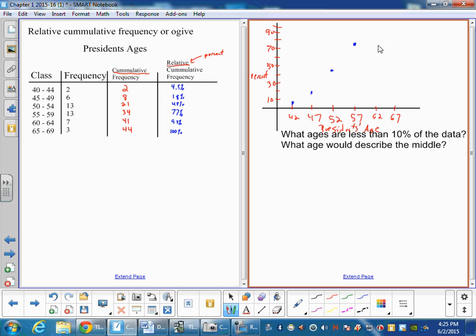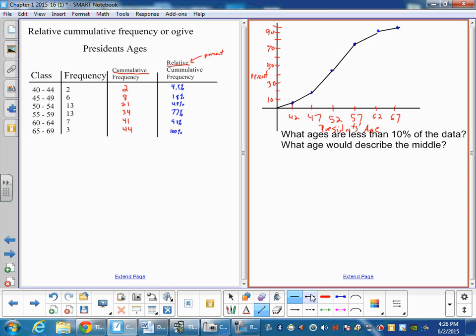And then 93. And then 100. So when we look at this, now we can draw straight lines connecting this. And that is our ogive.